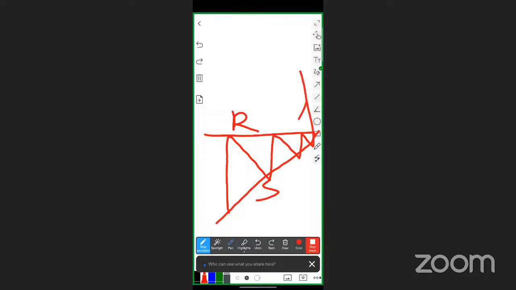We expect it to move in this upward direction. Now, the shapes I have drawn are the most common ones when it comes to technical analysis.